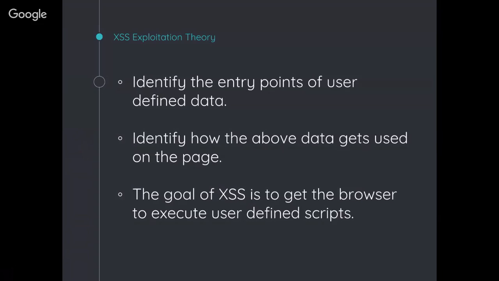Common areas are generally input fields, like text fields, URL parameters, and pretty much form input fields. Find out where the user data gets submitted, and then see where the data gets used on a page. So ultimately, the goal of cross-site scripting is to get the browser to execute whatever JavaScript you supply.